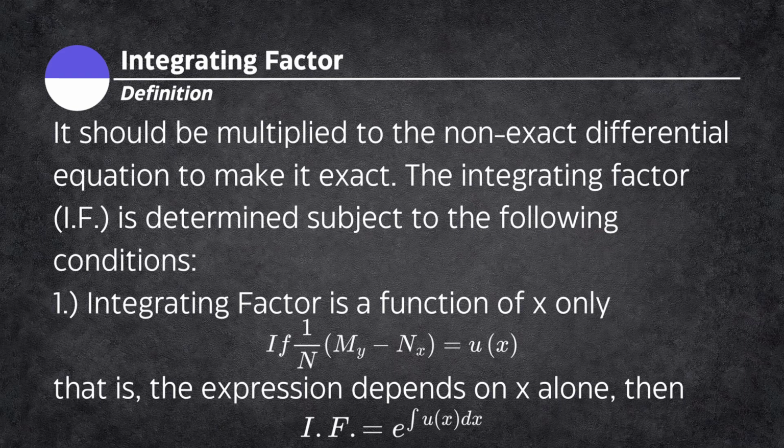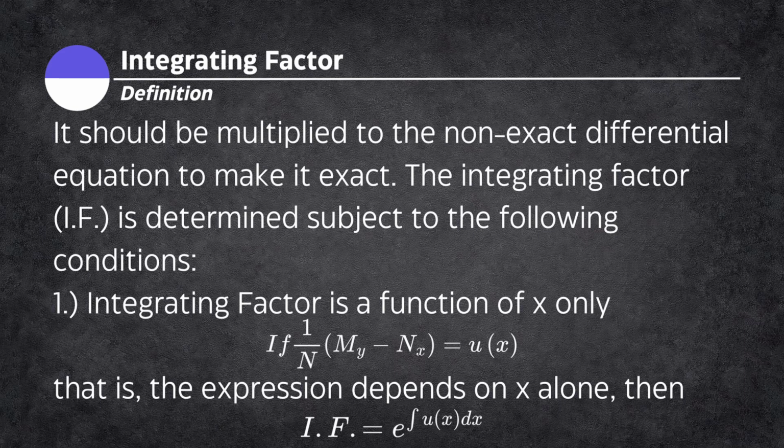First, we have the integrating factor as a function of x only. We have this condition: if 1 over N multiplied by the quantity partial derivative of M with respect to y minus the partial derivative of N with respect to x is equal to u of x, and that u of x is an expression which depends on x alone.